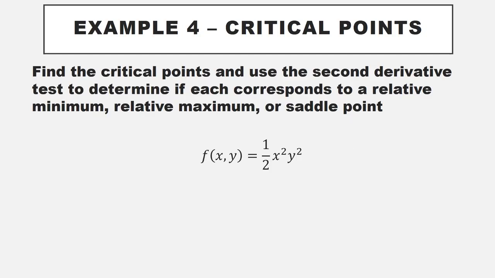Let's do another. Let's take a function that is 1/2 x squared times y squared, and let's try to find critical points and then use the second derivative to determine which ones are relative minimums, which ones are relative maximums, and which ones are saddle points.